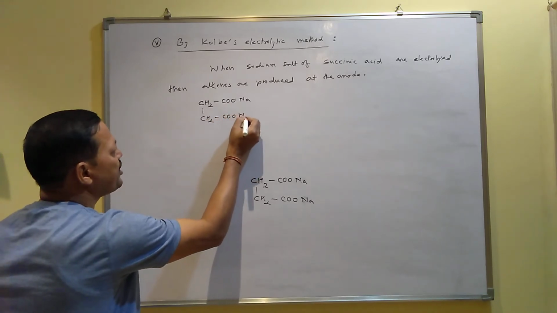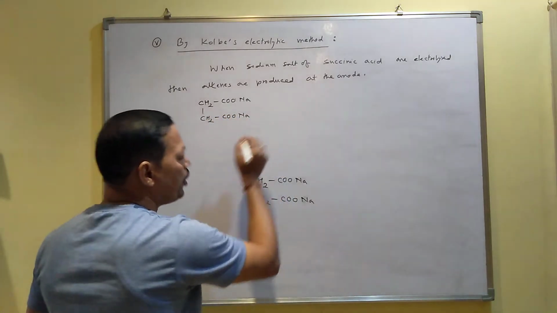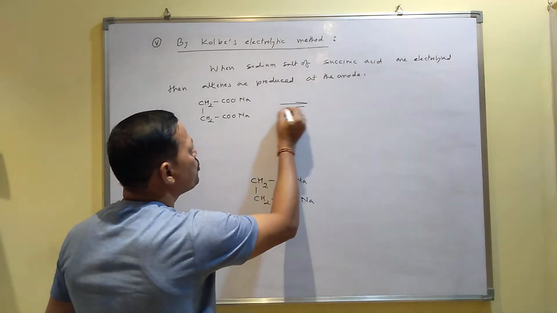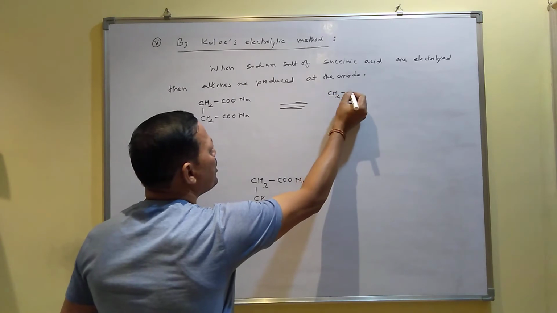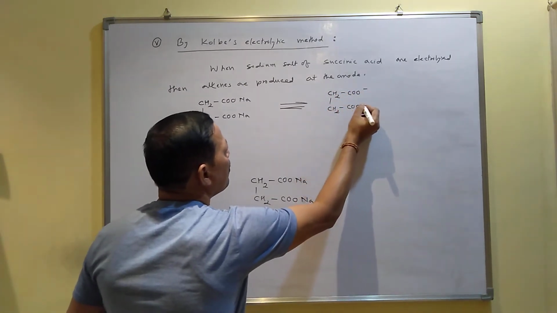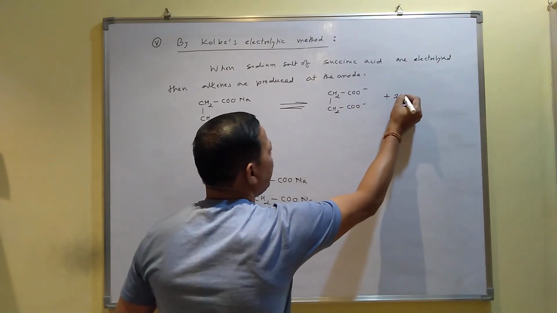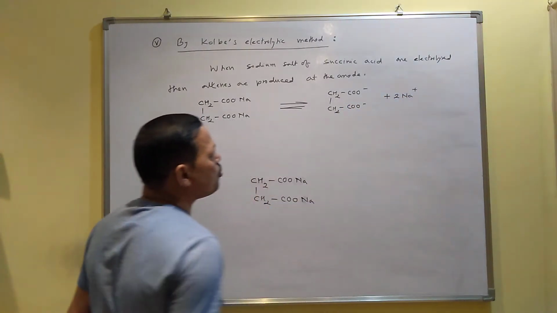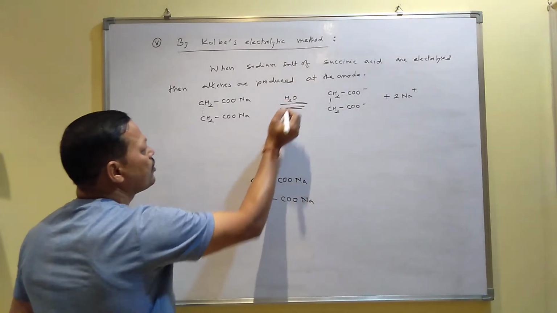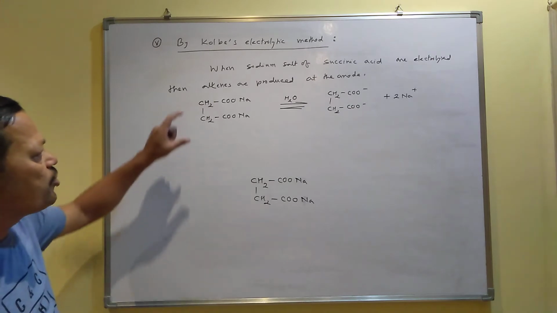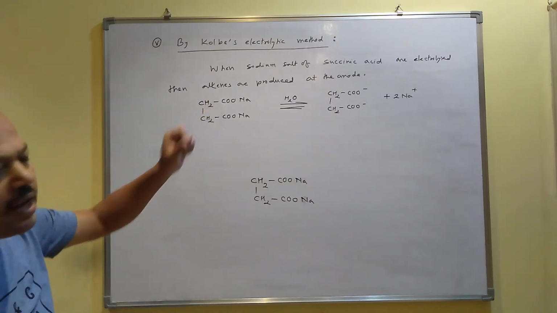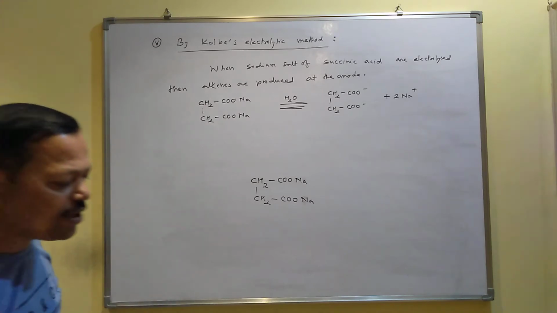When you dissolve it in water, it produces ions: one is the CH2COO minus ion, and 2 sodium ions will be released, because it is a salt. When a salt is dissolved in water, it always produces cations and anions. So first you have to dissolve the sodium salt of succinic acid in water, which gives the electrolytic solution.